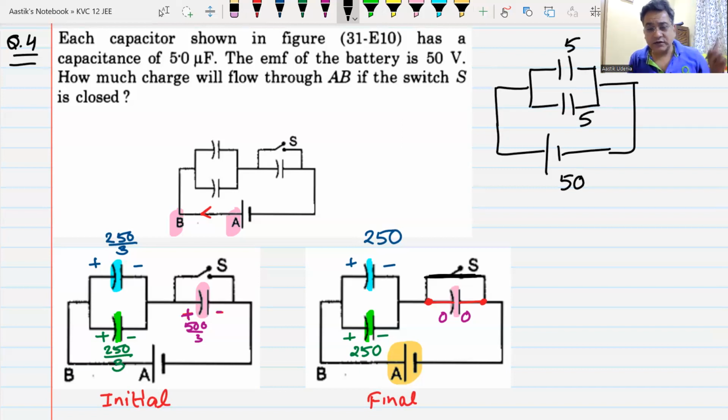I take you back to the first class where I was teaching you series parallel combination. Shall I take you there, beta? We cannot find out the charge on the capacitors. Shall I take you there to series parallel combinations?